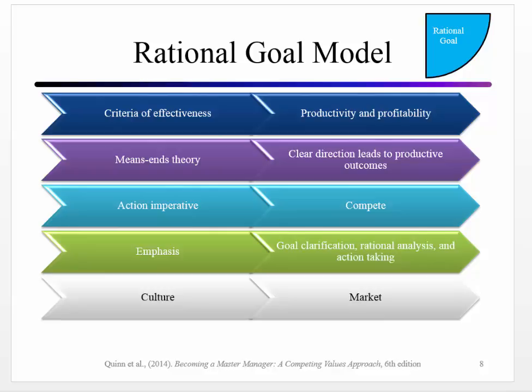Rational goal model, its criteria of effectiveness is productivity and profitability.